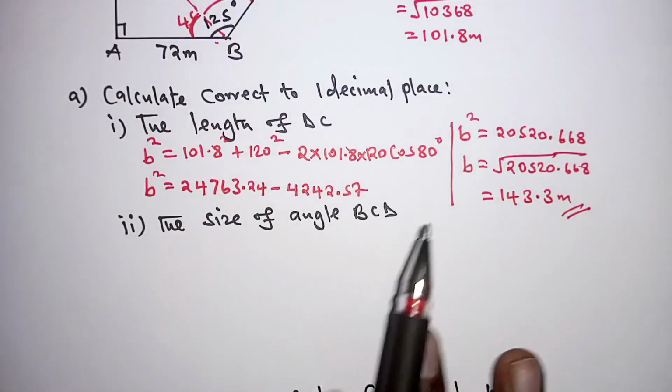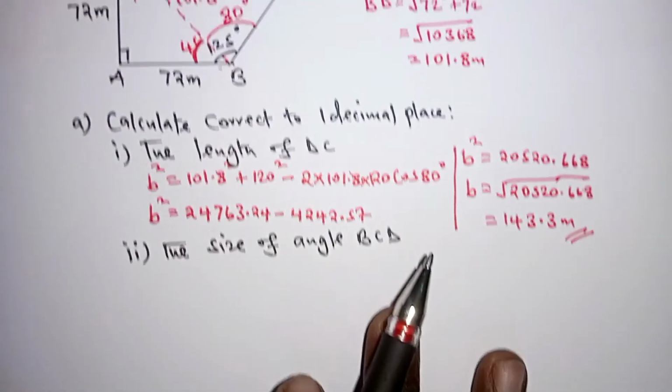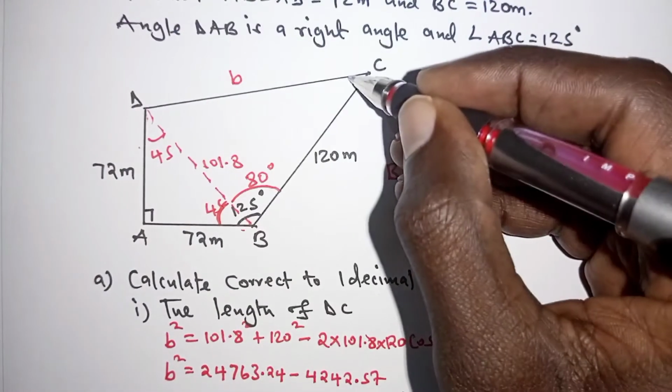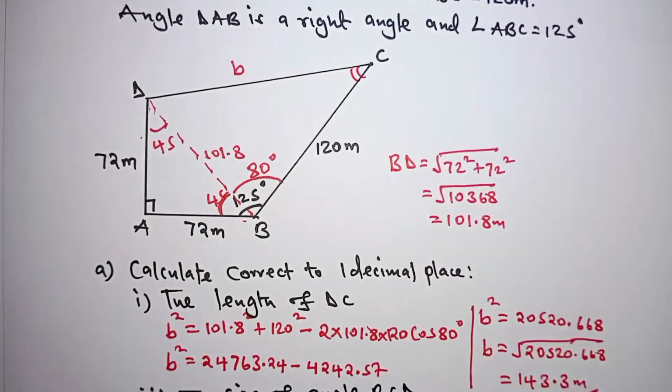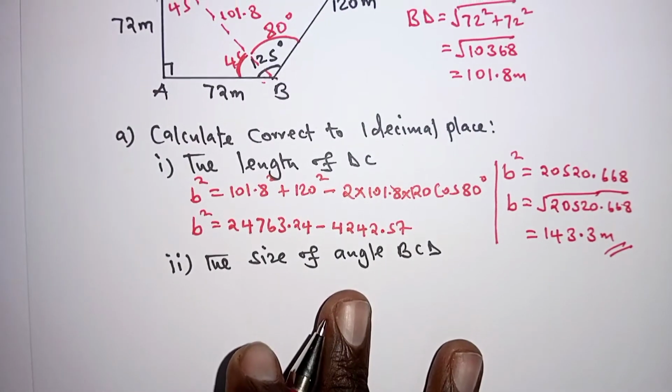So for Roman 2, we are required to determine the size of angle BCD. That is BCD, this angle right here. So in part 2, we are going to apply sine rule.